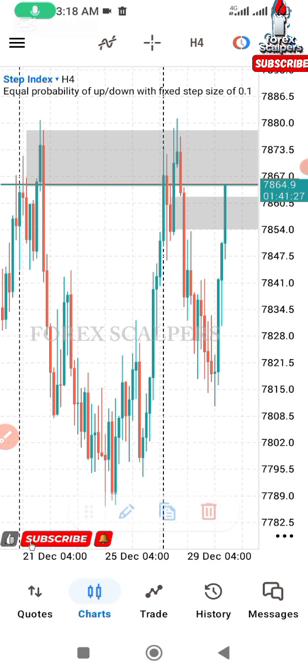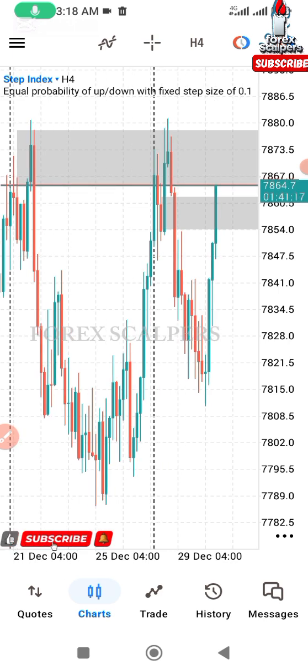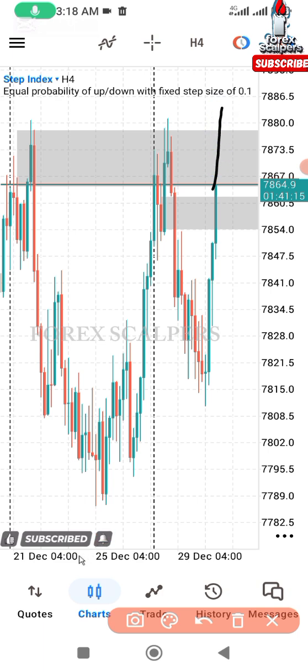So for now, we are still hoping that if price gets into this zone and gives us a bearish confirmation, either a pin bar or an engulfing bearish candle, it becomes a sell opportunity. And if it breaks out of that zone successfully to the upside and closes above this level, it becomes a break of structure.